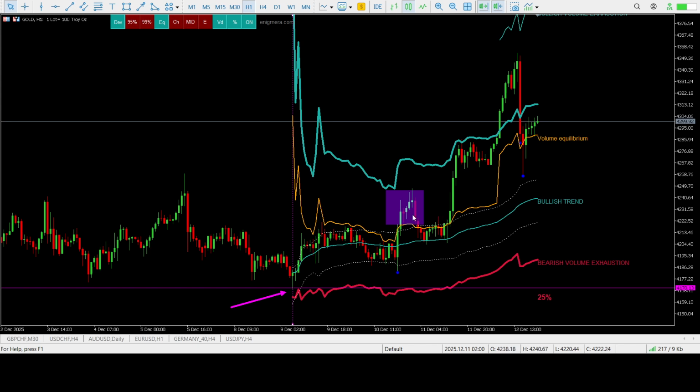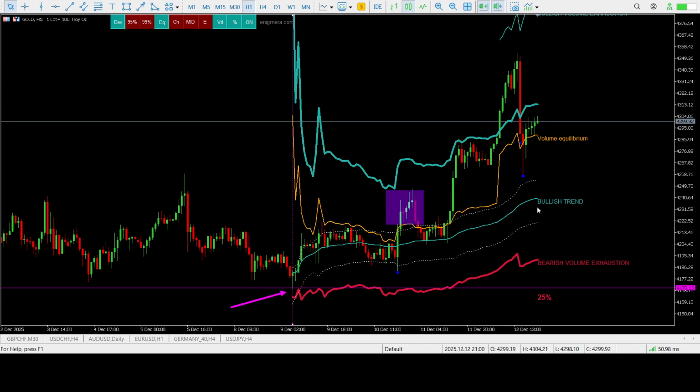And you can open your position here at the equilibrium, at the bullish trend line, at the bearish deviation, or even if the market dropped here and the conditions of the current trend are not changed.